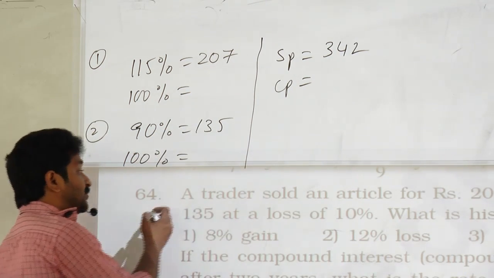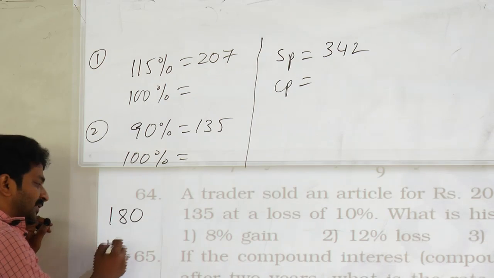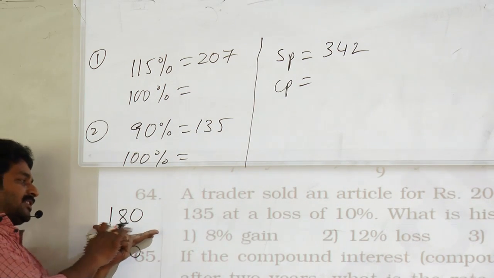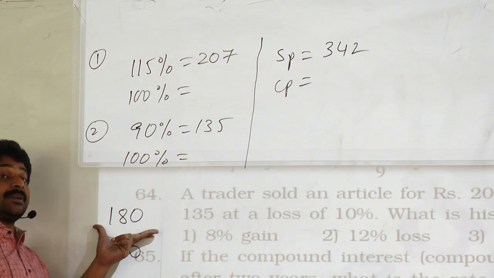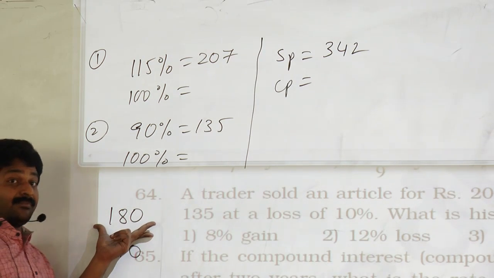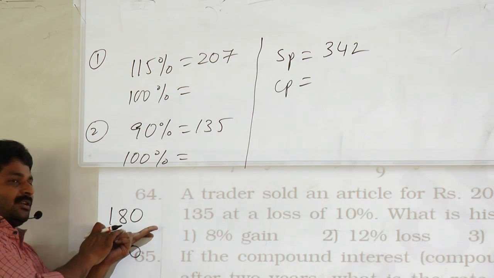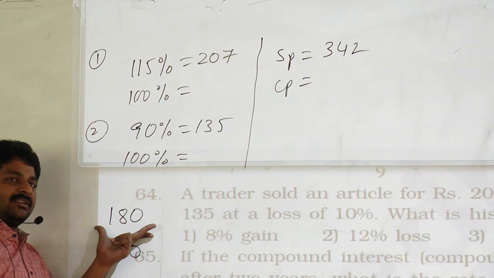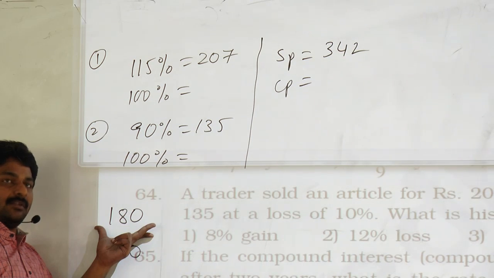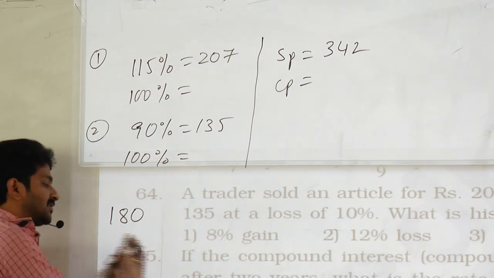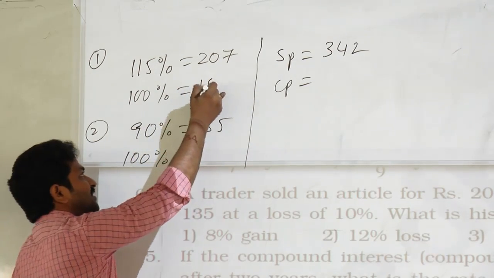Either you can treat it as 180 or 170 and just verify. What is 10% of this? 18. 15%? 18 plus 9, 27. When you add 27 to 180, how much will you get? 200. Hence, the cost price in this case is 180.